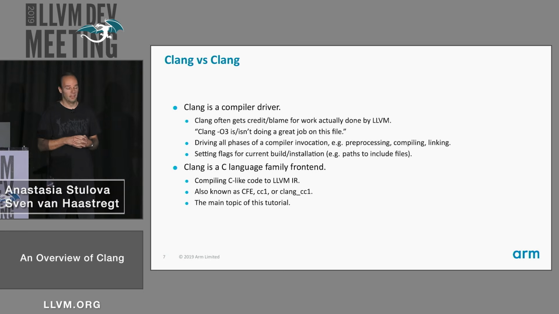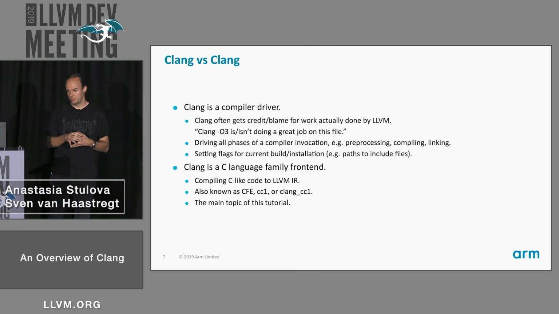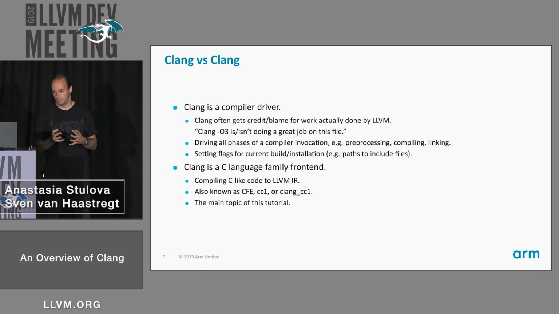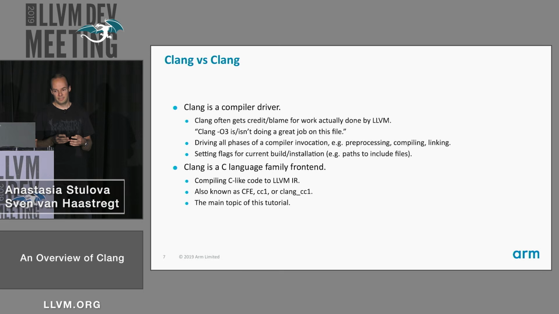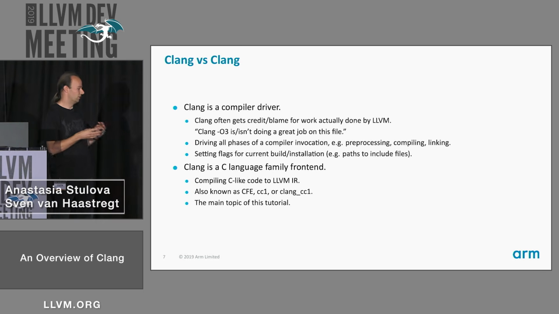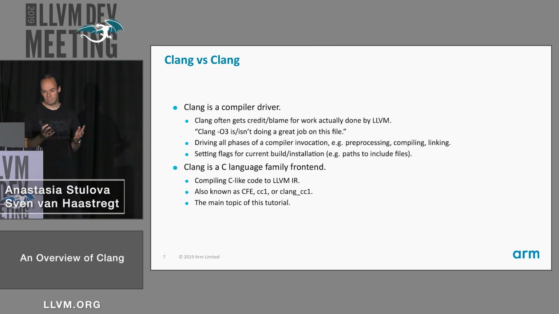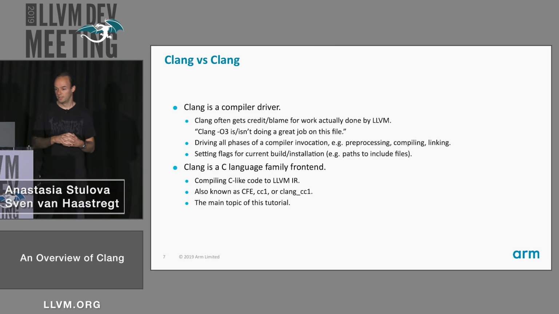You might often see claims like Clang-3 is doing a really great job on this file, or maybe it isn't. And it's actually not Clang which is doing the real optimizations. It's the LLVM transformation passes which are doing all these optimizations. But Clang gets the credit anyway, so that's nice for Clang.